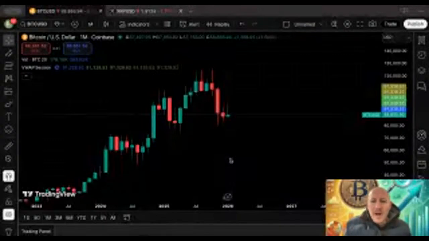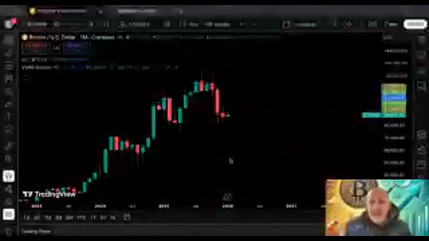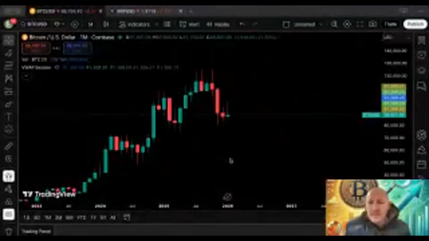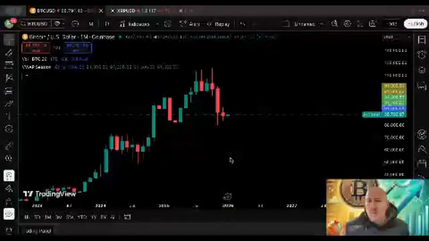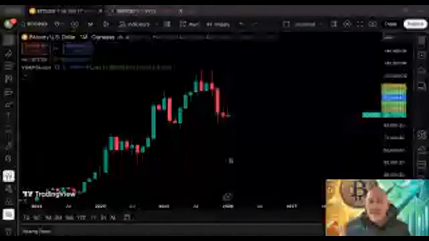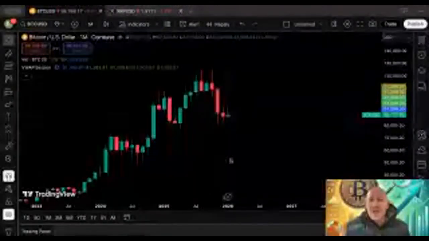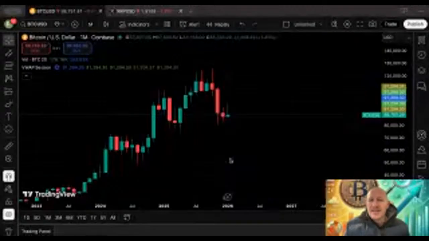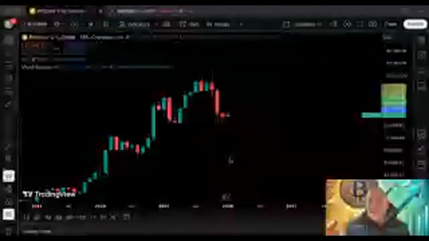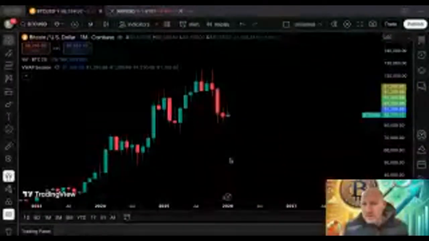So when an asset class is created, it's just opportunity for the institutions and people with money. That's all Bitcoin is. It's a new class that is now captured by the institutions. The institutions see that they can make money off of it, and retail now is not the smart money anymore in Bitcoin.